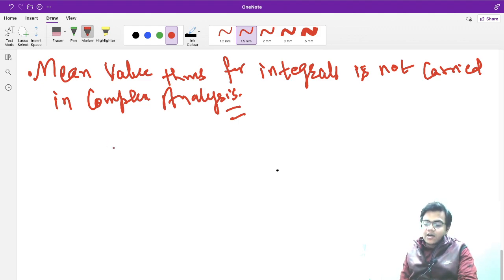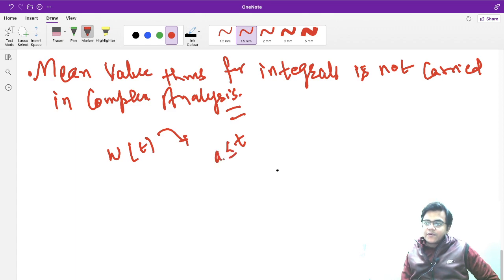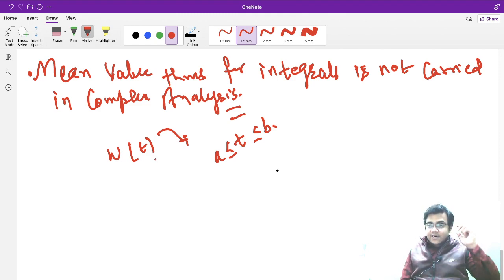Think if you have a complex valued function which is defined and continuous for t lying between a to b. All right, to show that the mean value theorem is not going to hold in complex analysis, what will we have to show?